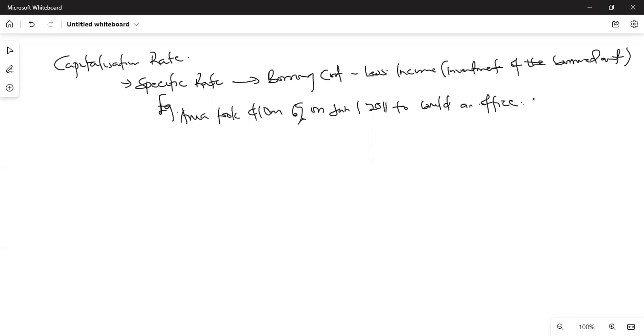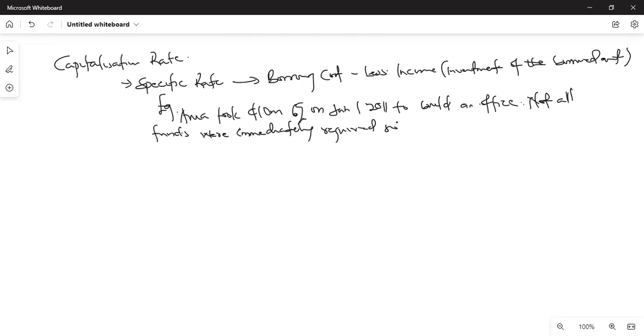Now, if you go on to tell us that not all the funds were immediately required. Of course, a building is in processes.